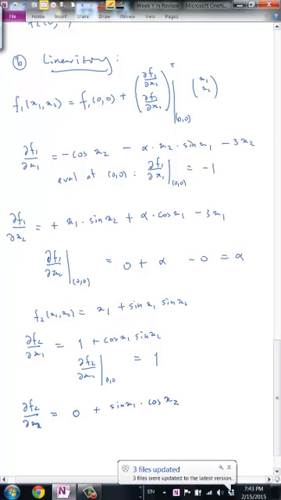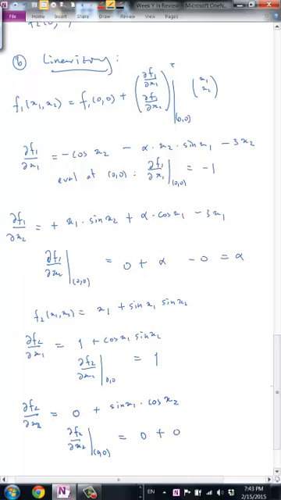Note that we don't need to do any product rule here because only one term is a function of x2. And if I evaluate this at 0, 0, df2/dx2 is equal to 0 plus 0.